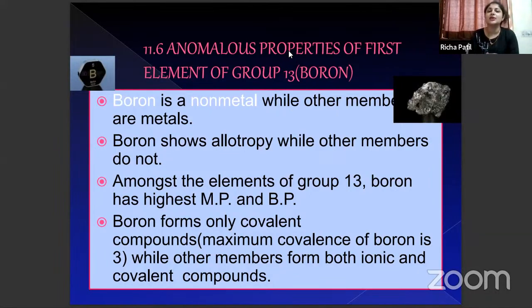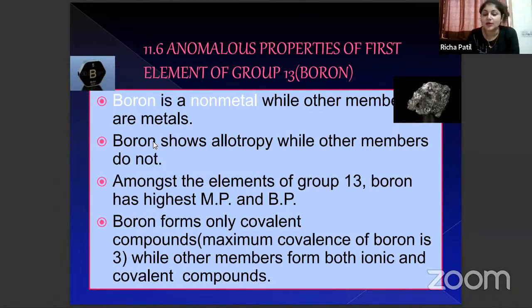Anomalous behavior is how the first element acts differently and has different properties than the other elements. Boron shows allotropy, different allotropic forms, while the other members do not show allotropic forms.